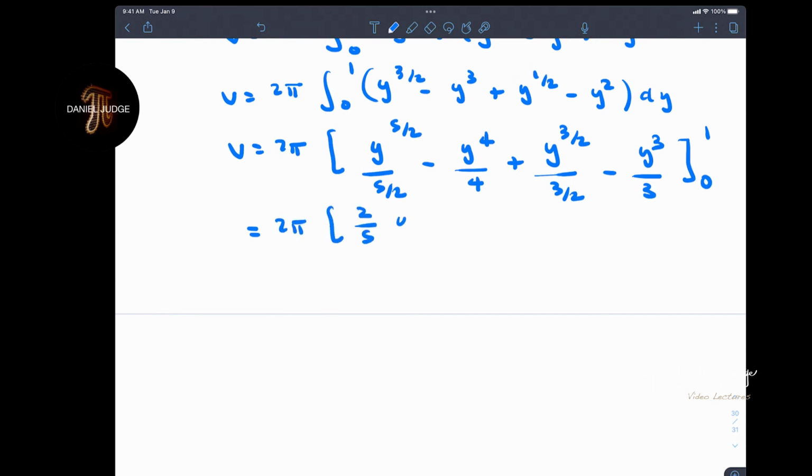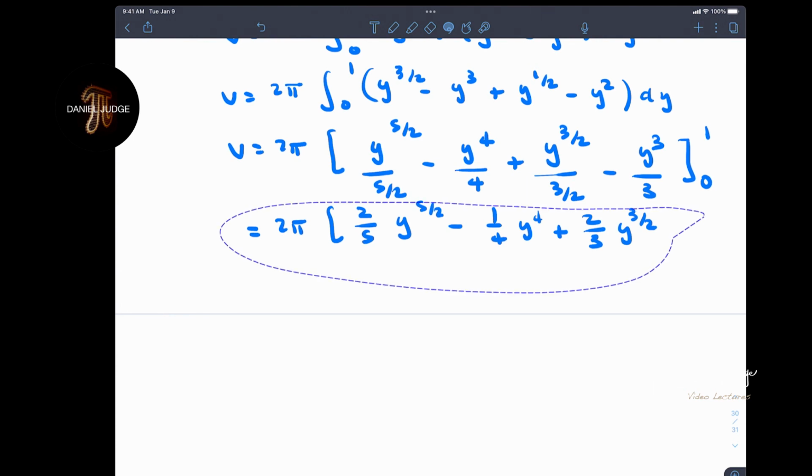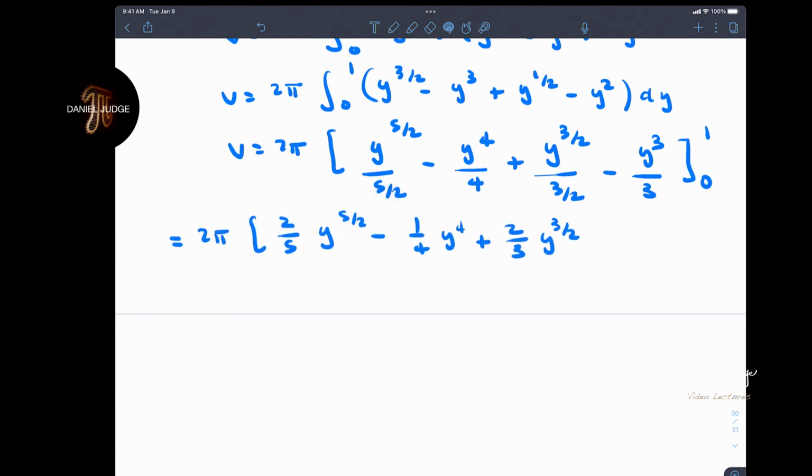Two pi, 2/5 y to the 5 halves, 1/4 y to the 4th, 2/3 y to the 3 halves, minus 1/3 y cubed. We go from 0 to 1 here.